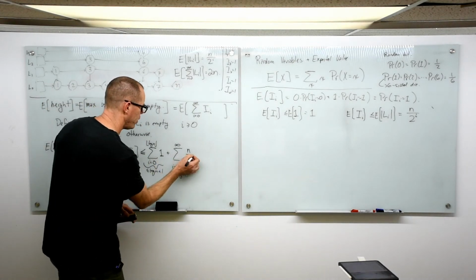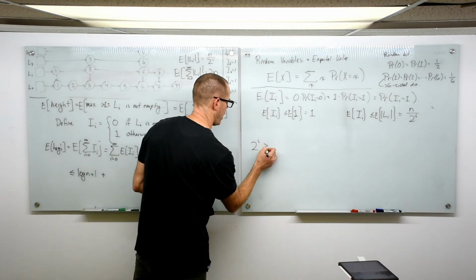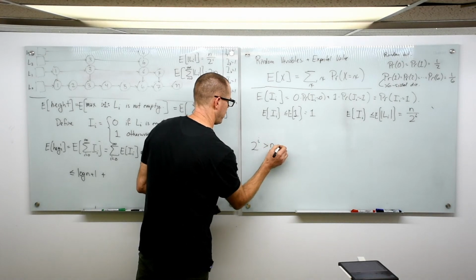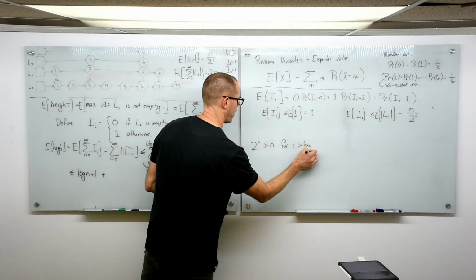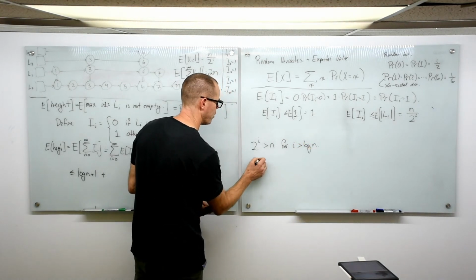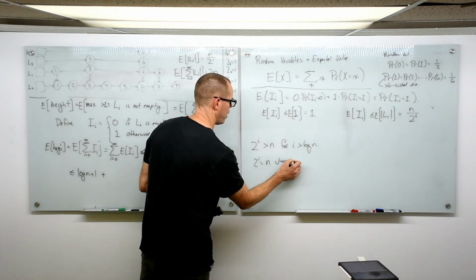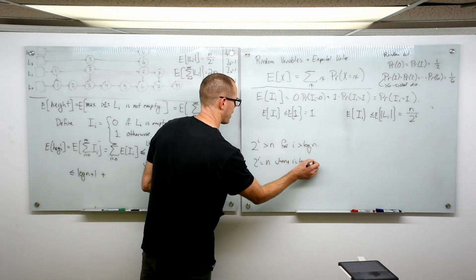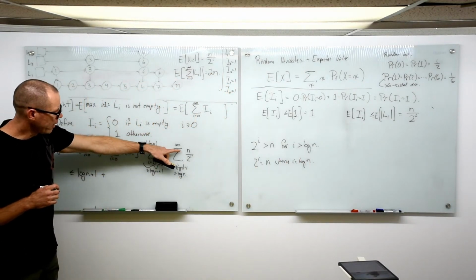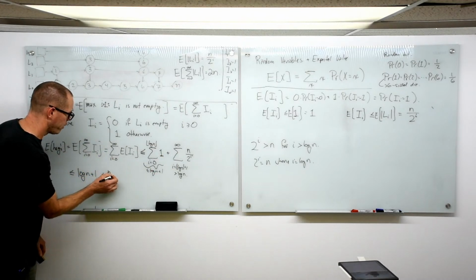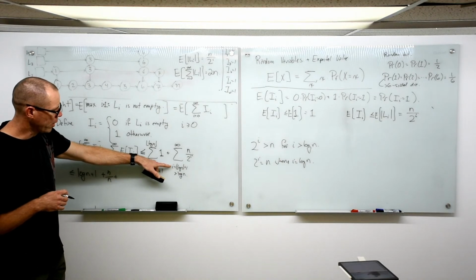This thing here, 2 to the i, is bigger than n for i bigger than log n. Okay? Because 2 to the i equals n when i equals log n. So the first term here is smaller than n over n. That's when i equals log n plus 1.